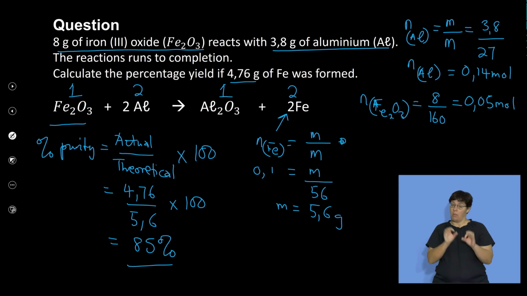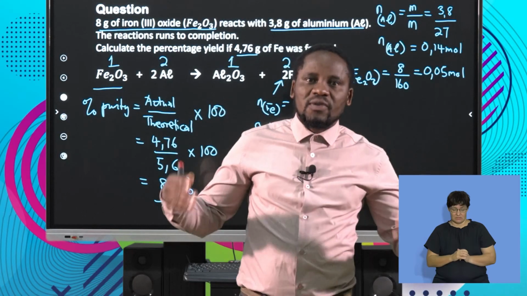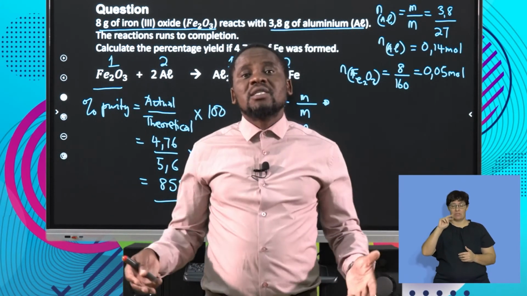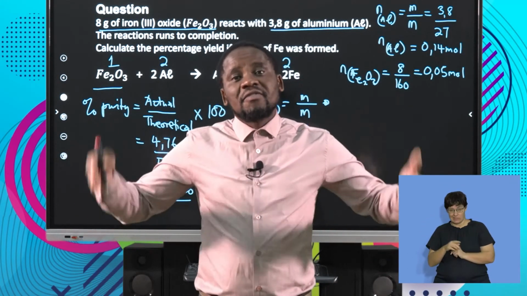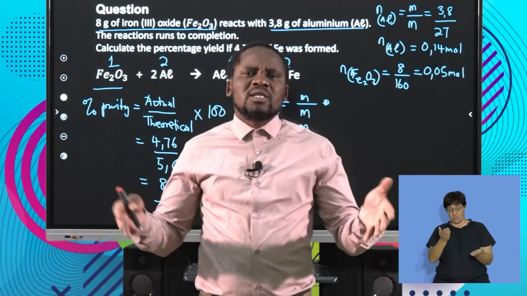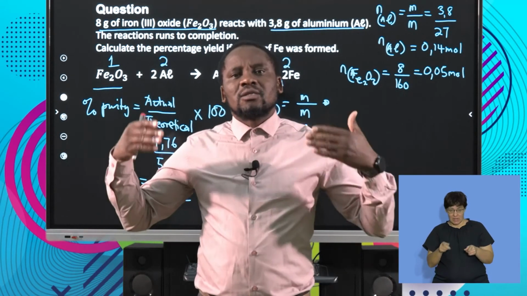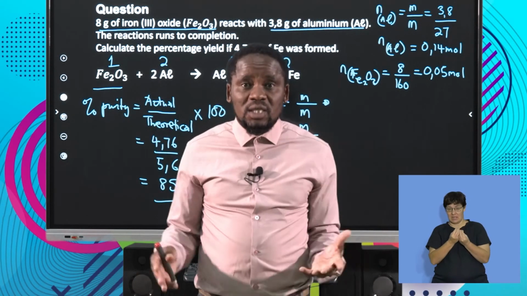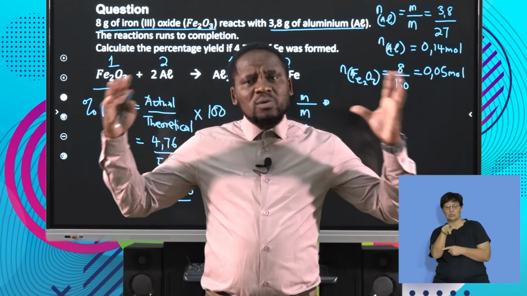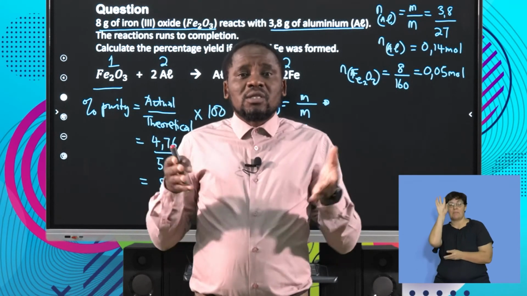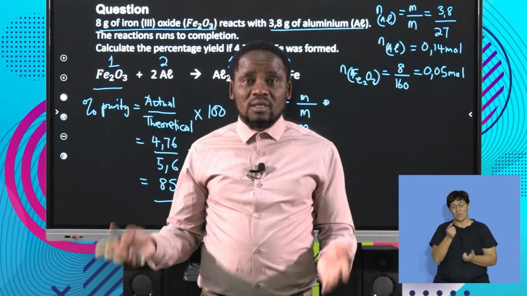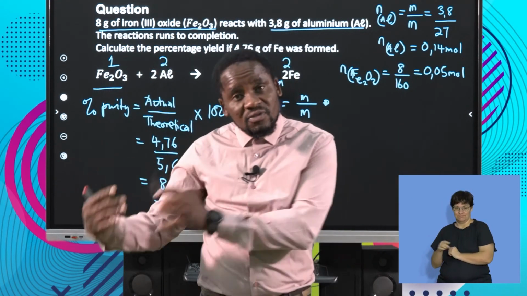So the long and short of it is that as far as stoichiometric problems are concerned, let's pay attention to the fact that if the equation is balanced, it tells us the stoichiometric ratio in which these substances react with each other. The whole stoichiometry comes in because this is a chemical change or a chemical reaction wherein new substances are formed. And how does the mole concept fit into this?